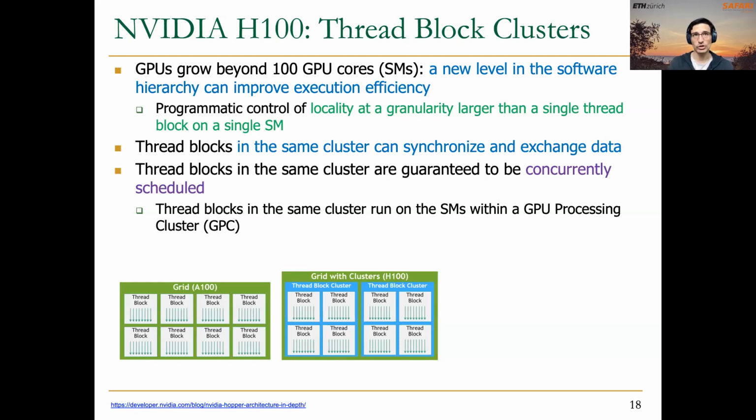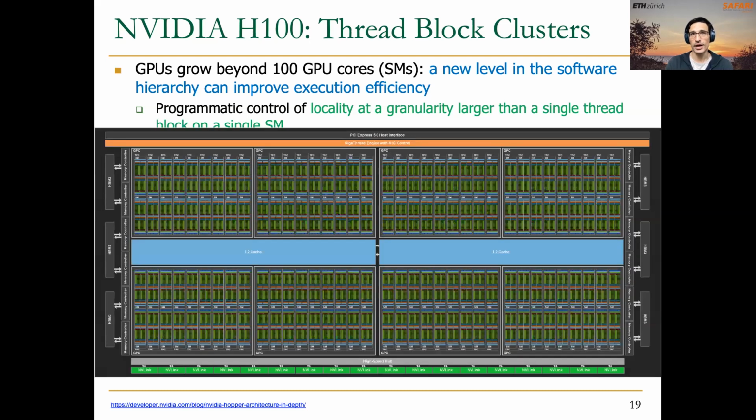Actually, these thread blocks in the same cluster run on the SMs within a GPU processing cluster, or GPC. If you don't know exactly what this is, you can identify these GPCs in the overview in this layout of the H100. The GPC is each of these portions of the H100 that you see.